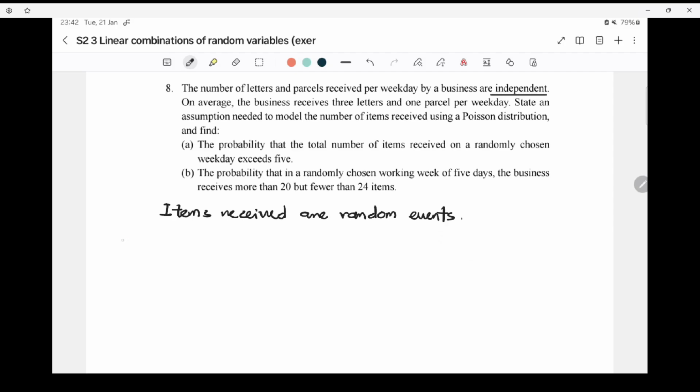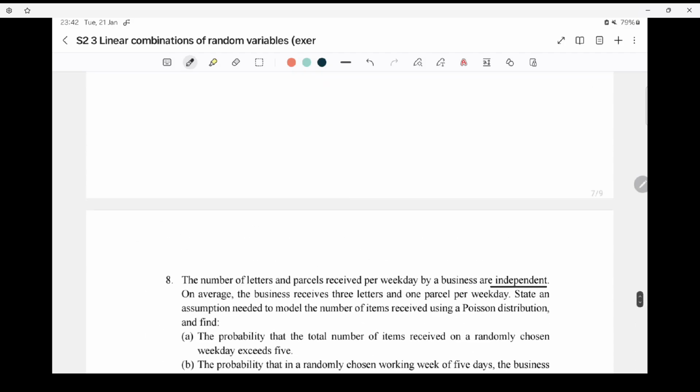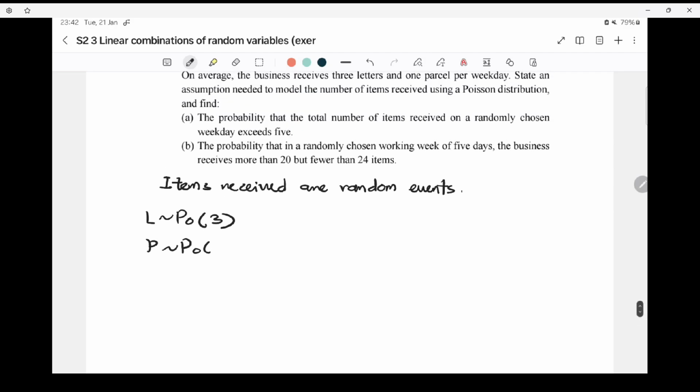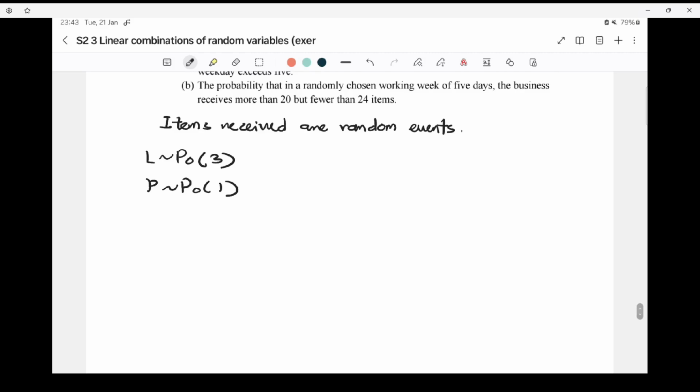So let's write down the distribution first. For letters, it will be 3, and for parcels, it will be 1 per weekday. So let's rewrite this: Q would be 3 plus 1, which is 4.